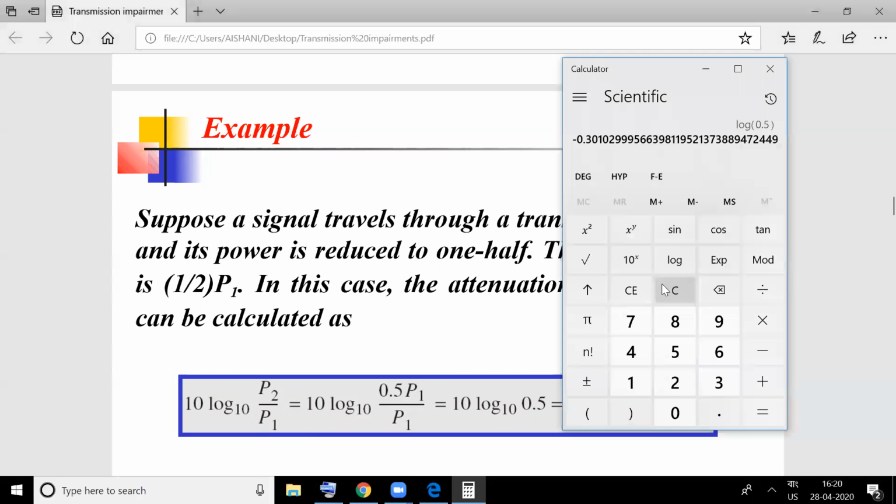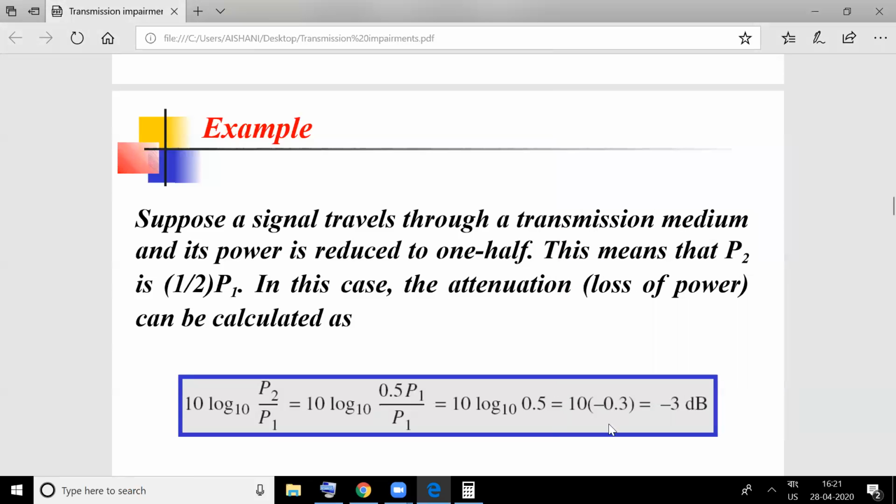If we calculate it, the log value of 0.5 is minus 0.3. So it will be 10 into minus 0.3, that means minus 3 dB.